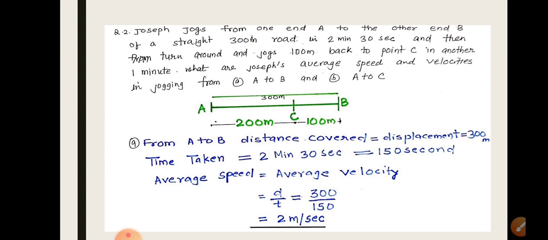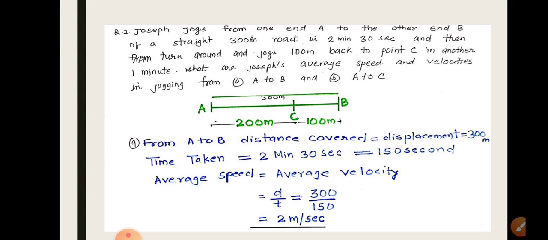What are Joseph's average speed and average velocity in jogging from A to B and A to C? So we have to calculate 4 things: average velocity and average speed from A to C and from A to B.